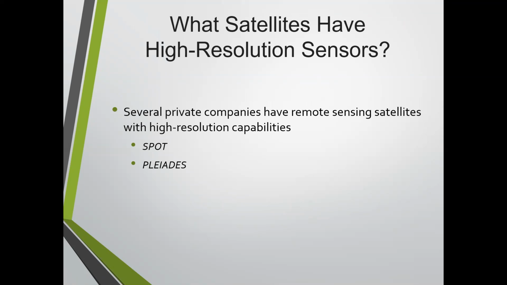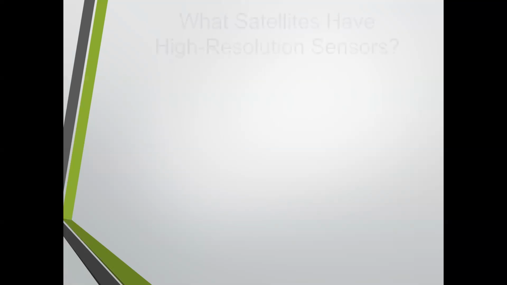Then we have Pleiades, which is a private company, IKONOS, QuickBird, and WorldView. So these are mostly, I think, private now. And again, I think SPOT actually started out as a government concern, but has since moved over to private. So we look at the differences here.